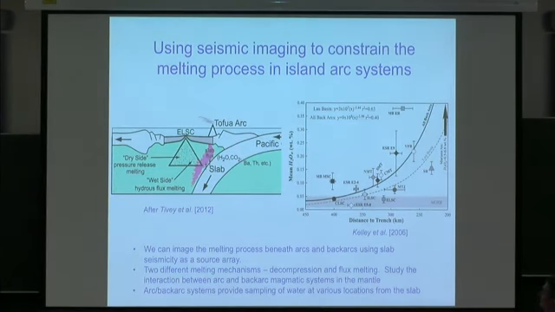For one thing, we have lots of earthquakes immediately beneath the relevant magmatic systems, so we have an ideal imaging geometry from a seismology standpoint. Another really interesting aspect is that we have two different melting systems, maybe the two most important melting systems in the world, in the same area and interacting.